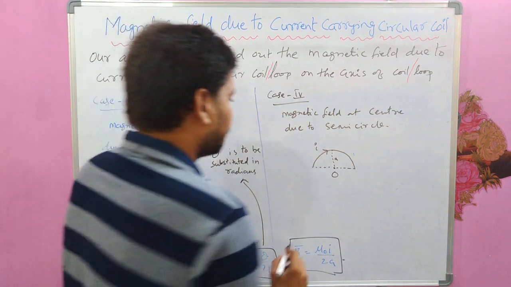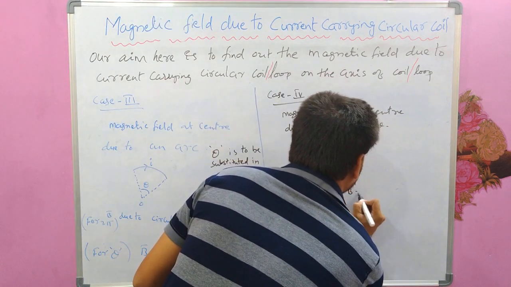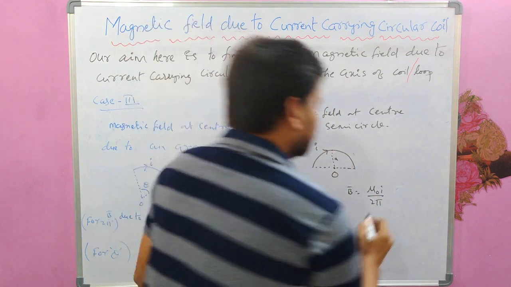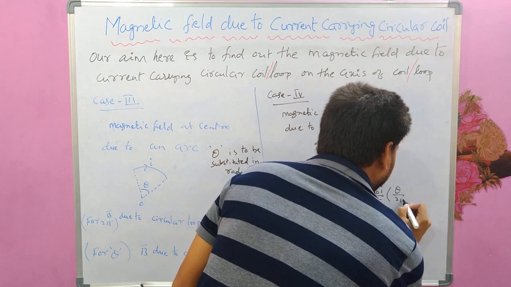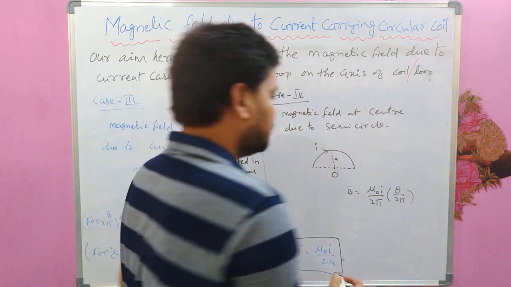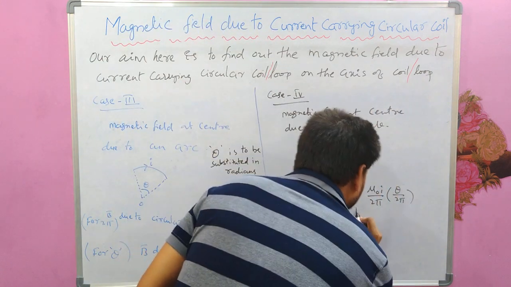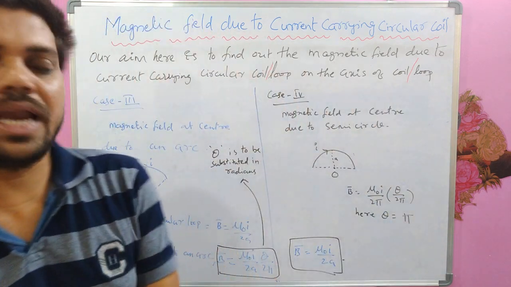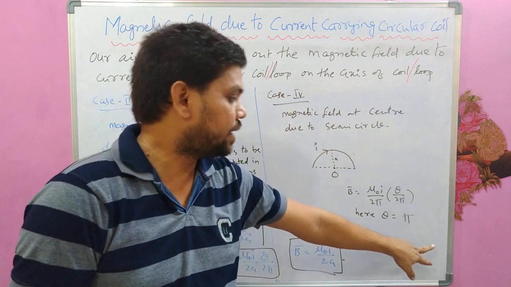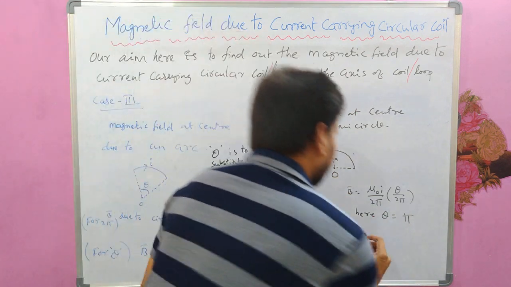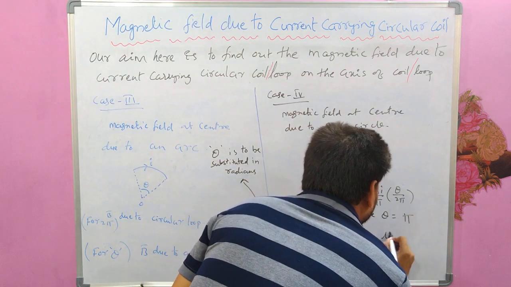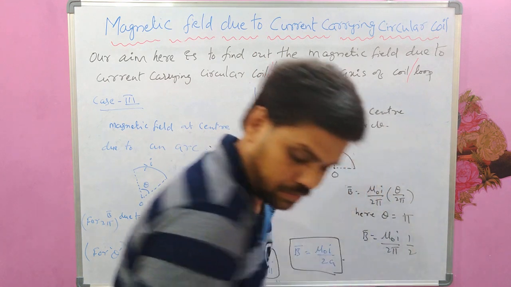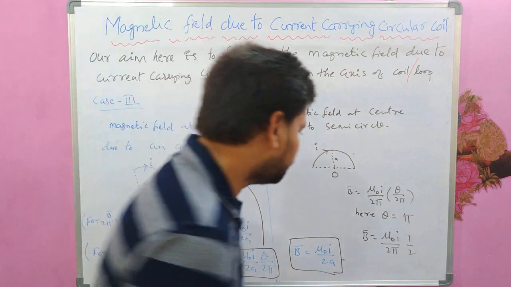For this, the magnetic field will be mu naught I by 2 pi into again theta by 2 pi. In general the formula is for any theta, and here theta is equal to half of the total angle of a circular coil, that is pi. Then in that case it will be mu naught I by 2 pi into 1 by 2 into 1 by 2.